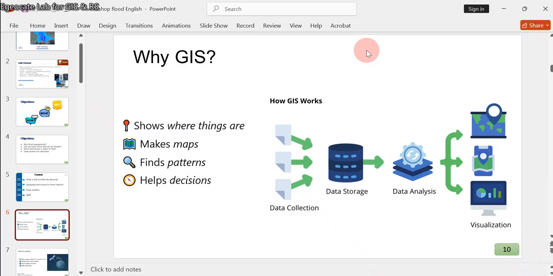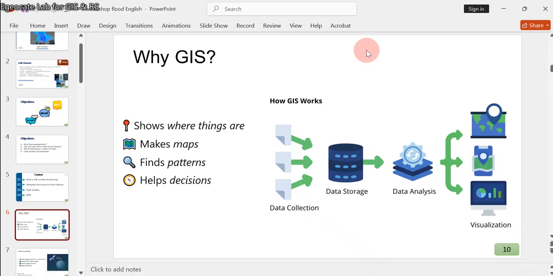For part one, what is GIS and why is GIS important? GIS is a science which focuses on collecting data, storing or managing data, analyzing data, and visualizing data. Basically, GIS tells you where things are, and it will find the relationship of this data with other geographic data.